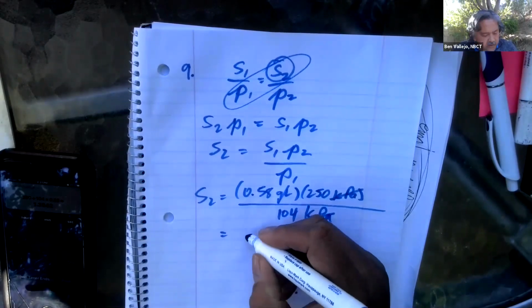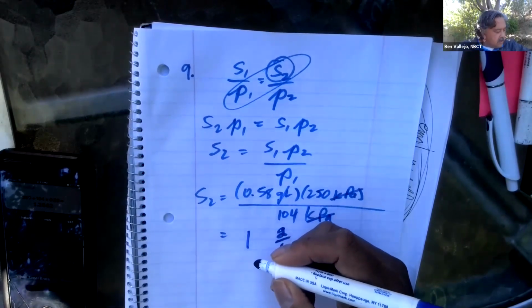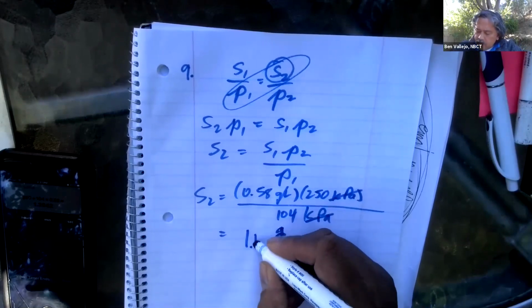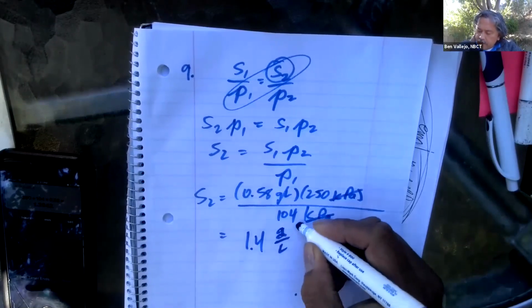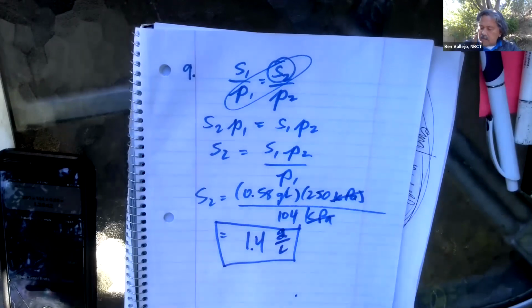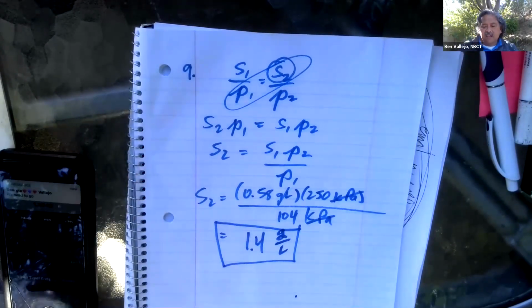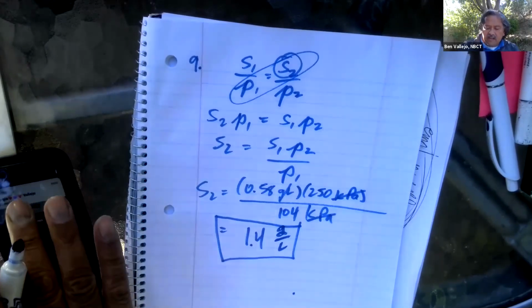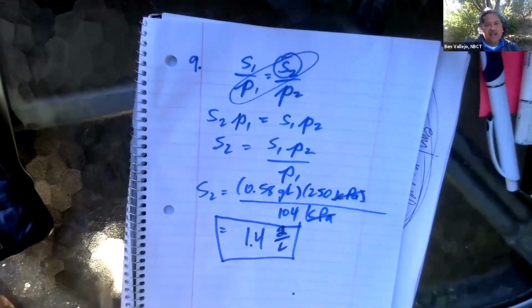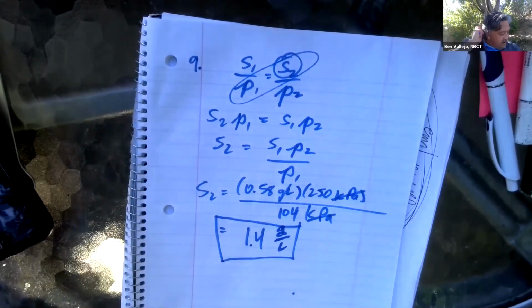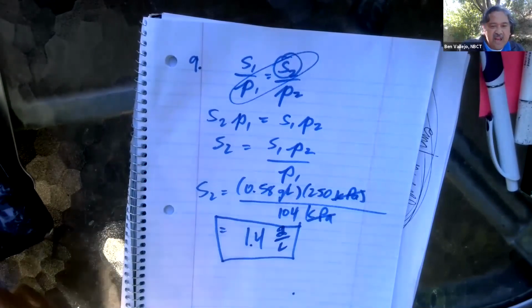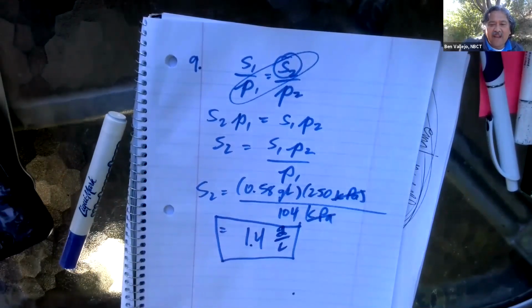So 1.4 is your answer. So 1.4 grams per liter is the second solubility. Ta-da! All right, so that's number 9. And I didn't think we were going to be able to finish that, but we are, and we did.